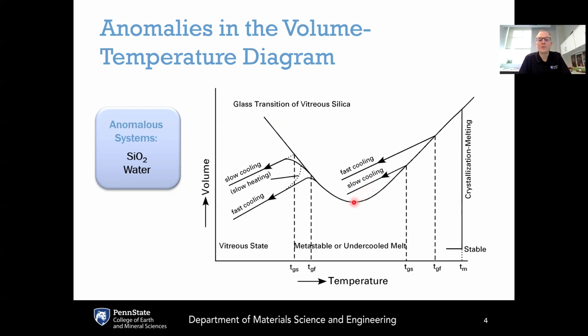But if you cool the system slower so that the glass transition occurs at temperatures below 4 degrees C, then you're in this anomalous regime where the slope of the volume temperature diagram has changed. So in this regime here, the ordering of fast and slow cooling have switched. Fast cooling still always undergoes the glass transition at a higher temperature compared to slower cooling, but the faster cooled glass in this regime would have a lower volume compared to the slower cooled glass.